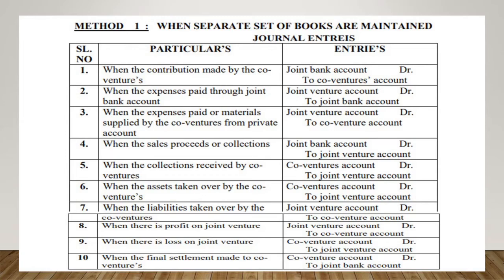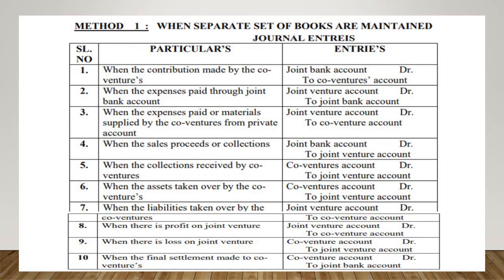These are the journal entries. First one is joint bank account opened. Second one is joint venture expenses paid through joint bank. Third one is expenses paid by the co-venturers or goods supplied by the co-venturers: joint venture to co-venturer's account. Then sales amount received: joint bank account debit to joint venture account.